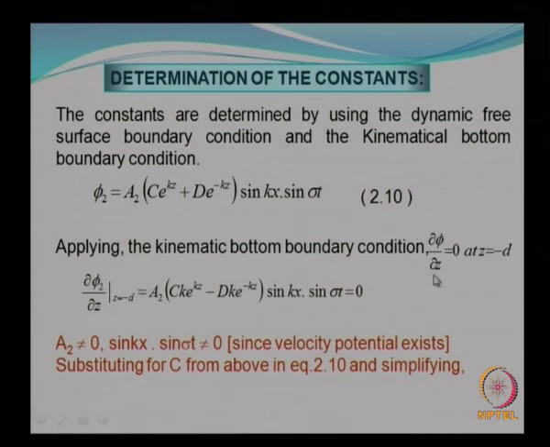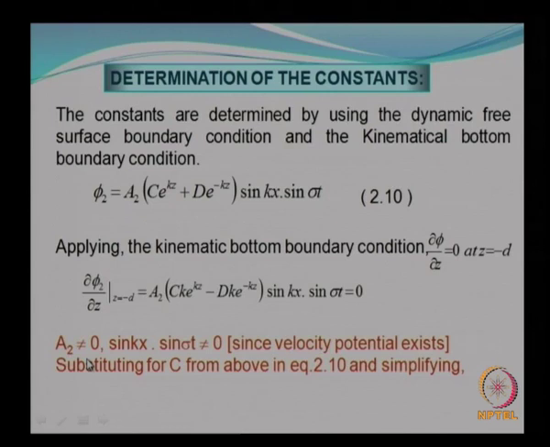When you differentiate this and equate it to 0, I will get this equation. If you look at this equation, can A2 be 0? A2 cannot be 0, because the velocity potential has to have some amount of magnitude.